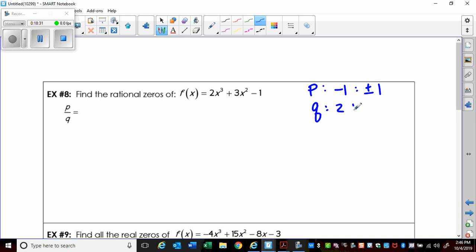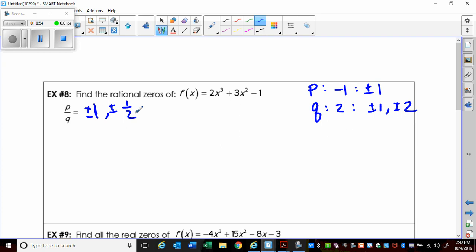The factors of 2 are plus or minus 1 and plus or minus 2. So it's P over Q, so that's plus or minus 1 over 1, and plus or minus 1 over 2. Half. Ooh, this is a fraction.